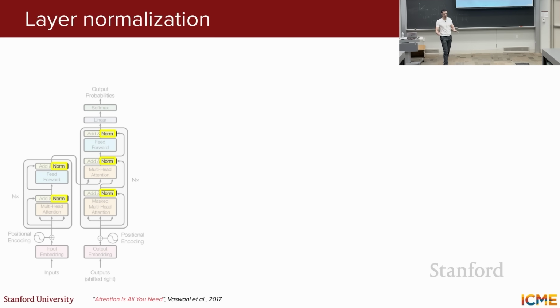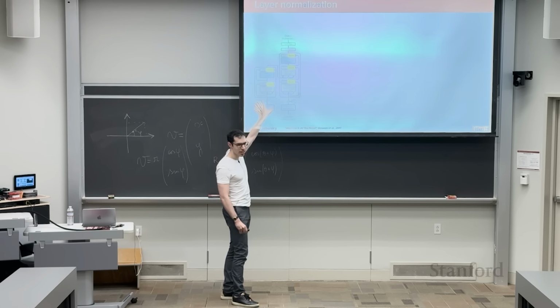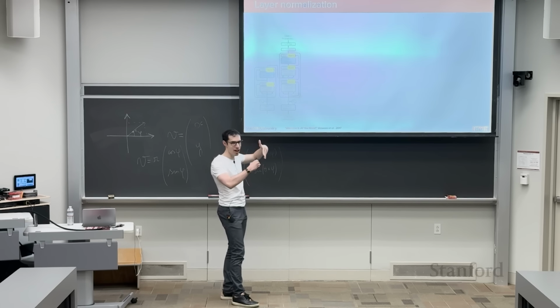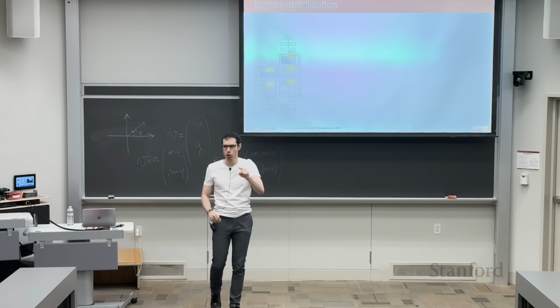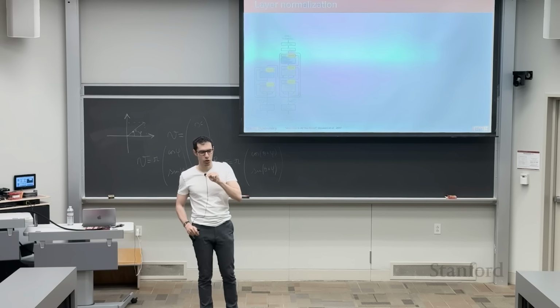If you remember, the transformer architecture is composed of encoder, decoder, and then you have the components inside. You have these boxes that say add and norm. So what do they mean?